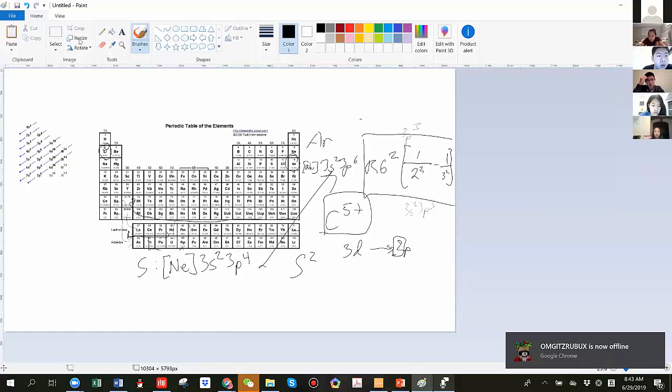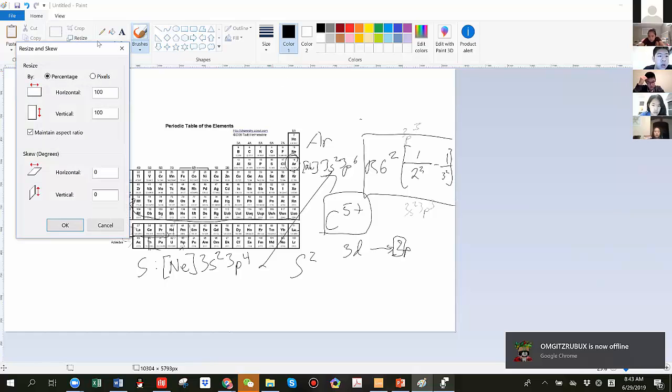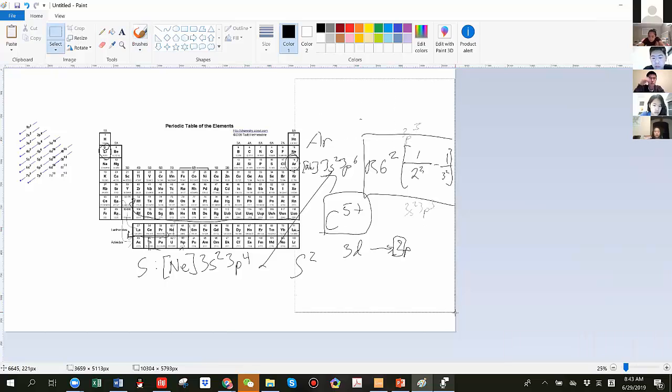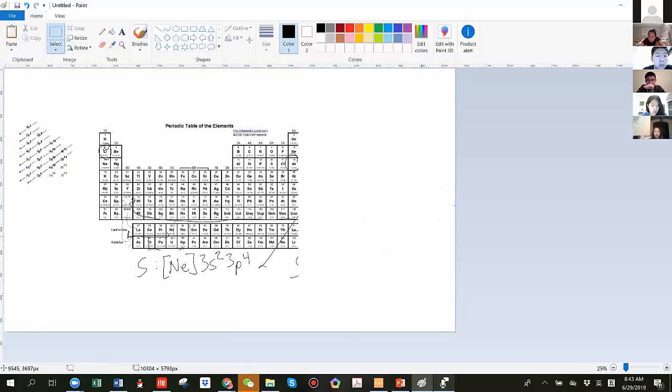I don't want to delete the periodic table because you might need it, so we can use annotate. Okay, so consider an arsenic atom.